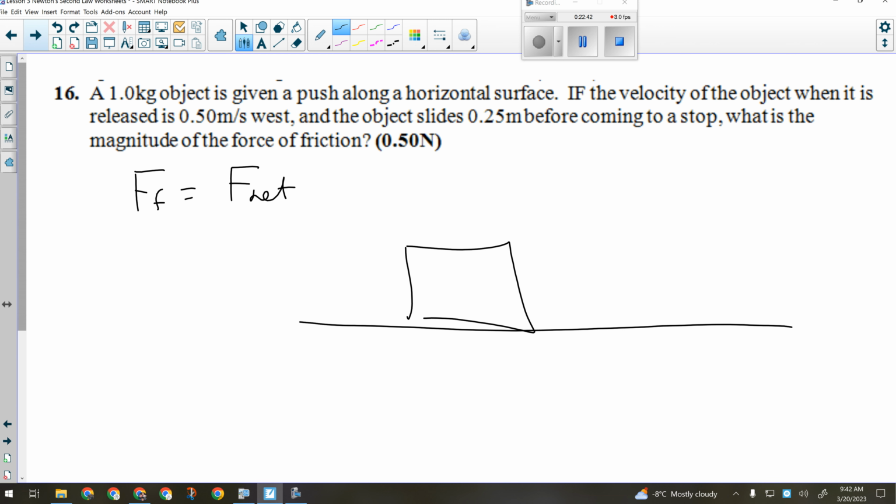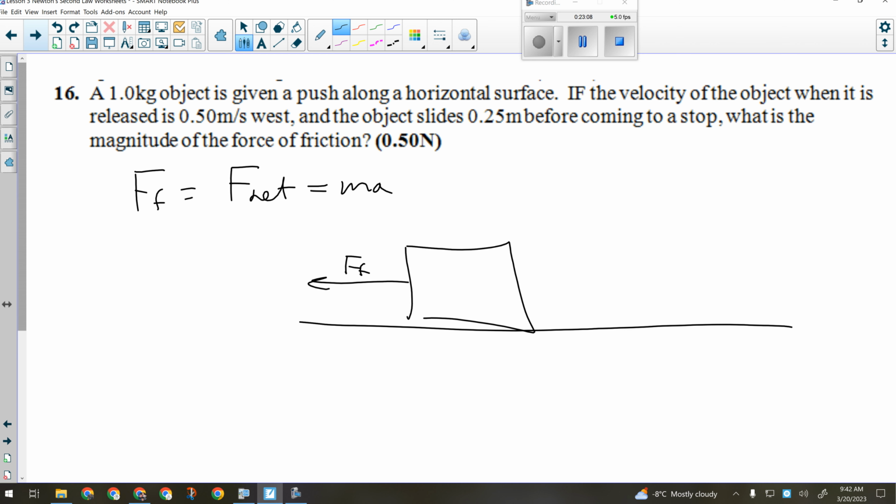Here's my object on the horizontal surface. Force of friction. There's no force forward. Forces up and down cancel. Vector sum of all forces says that's the only force, so it's the net force. Okay. From there, I should be able to calculate the force of friction by going m times a.